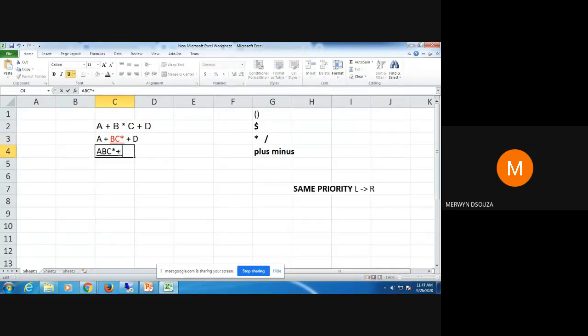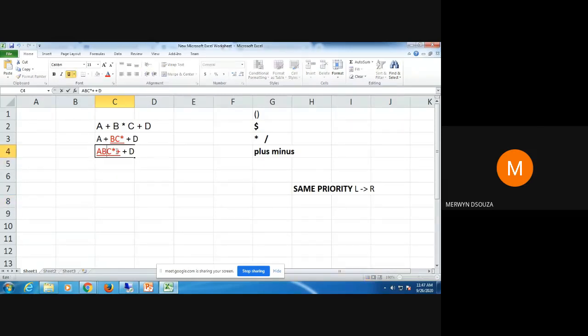So you have here plus B, which you have not solved. This part is solved, that part is not solved.